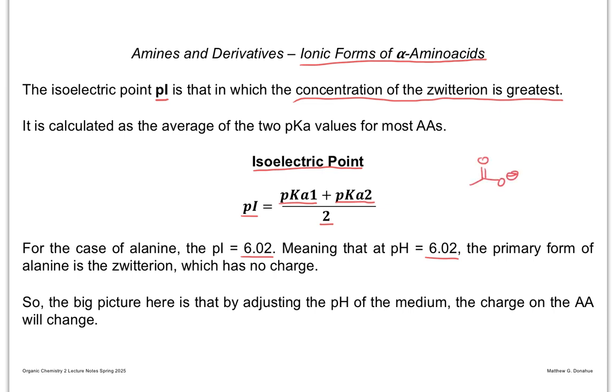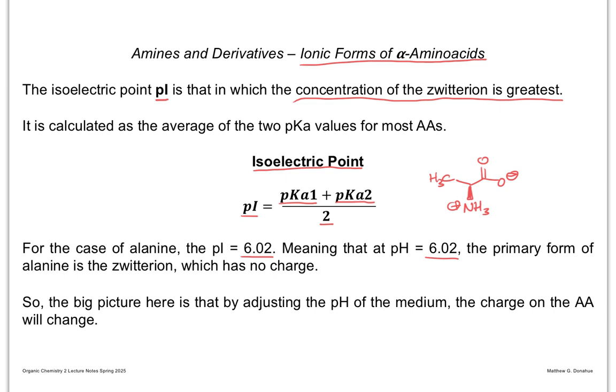So this is the Zwitter ionic form of alanine. Notice the plus charge, the minus charge, overall that's neutral, that's the Zwitter ion. The concentration of that species is greatest at 6.02.